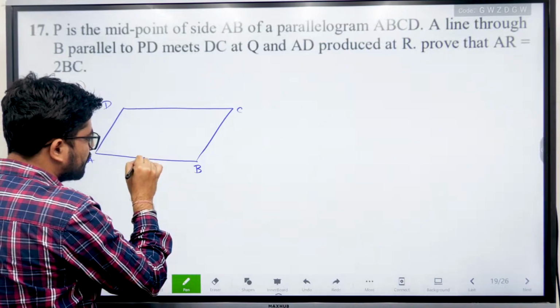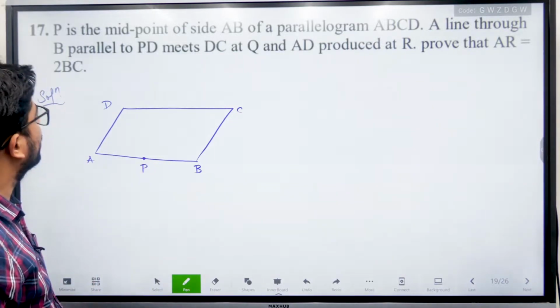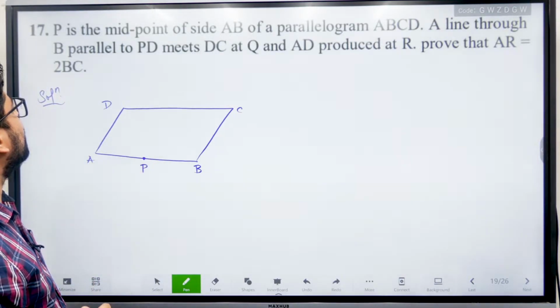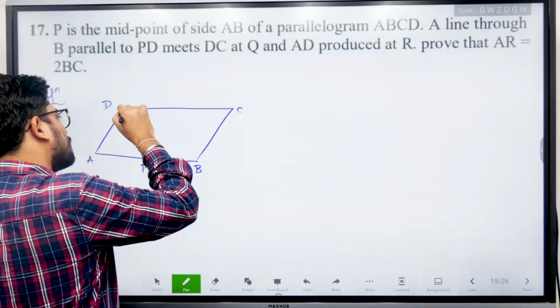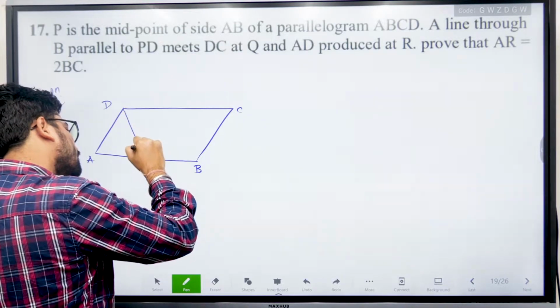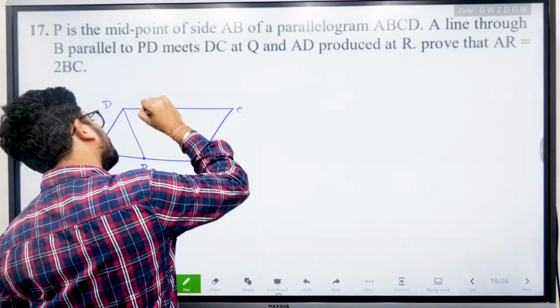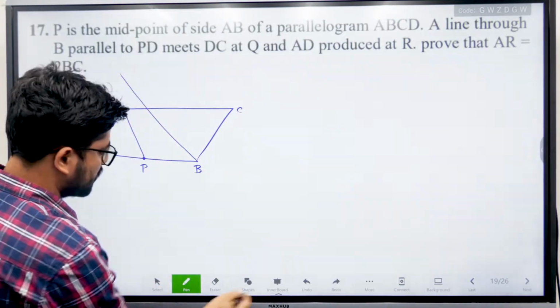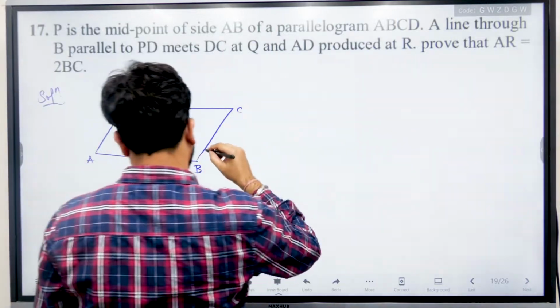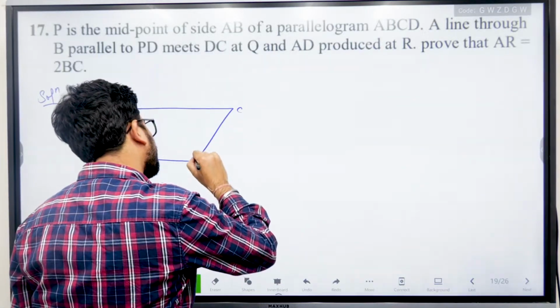So let's say P is somewhere here. Okay. Now a line through B parallel to PD. So first of all, join your PD.